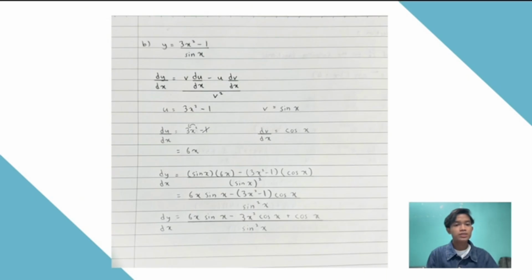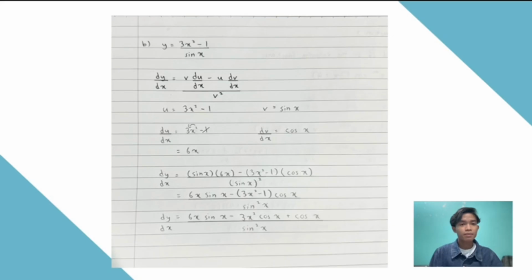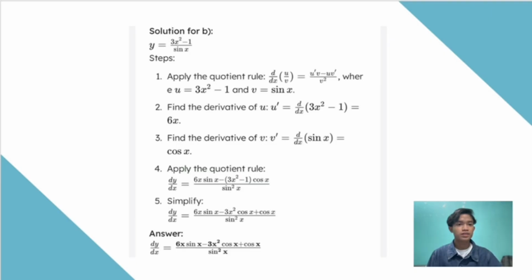Now I will substitute everything into the quotient rule, so dy over dx is equal to sine x multiplied by 6x minus 3x power of 2 minus 1 multiplied by cos x, divided by sine x in bracket power of 2. So that will be the final answer. I will show you the calculation that I get from AI, which is over here. Okay, that's all for me. Thank you so much.